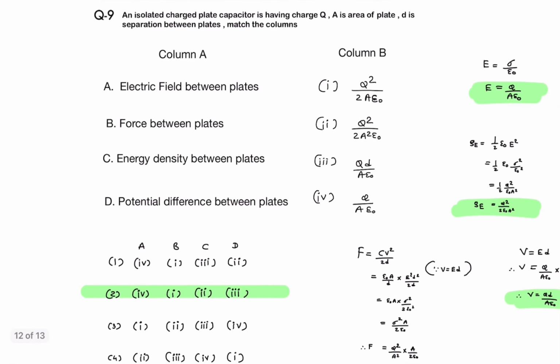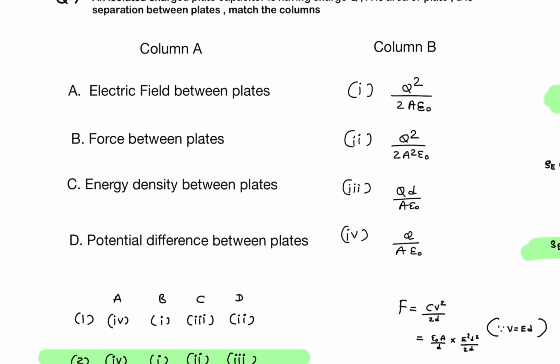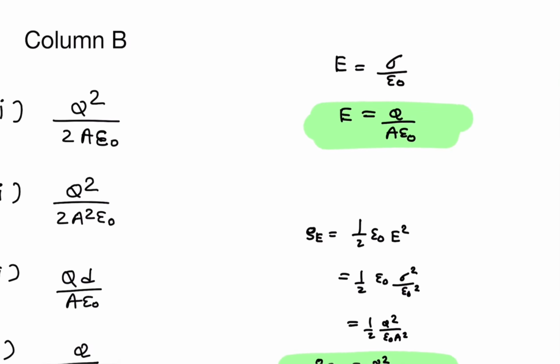Question number 9. An isolated parallel plate capacitor is having charge Q. A is the area of the plate, D is the separation between the two plates. Match column A and B: the electric field between the plates, the force between the plates, the energy density between the plates, and the potential difference between the plates. First of all, the electric field between the plates is given by the formula E is equal to sigma upon epsilon naught.